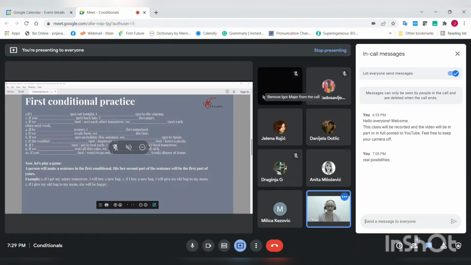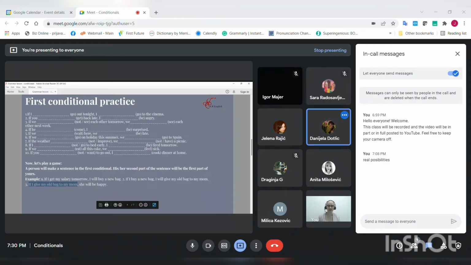For example, let's say I say, if I get my salary tomorrow, I will buy a new bag. And let's say Mina says, if I buy a new bag, I will give my old one to my mom. And then Tina says, if I give my old bag to my mom, she will be happy. You see what we're doing? Yeah. Everybody?